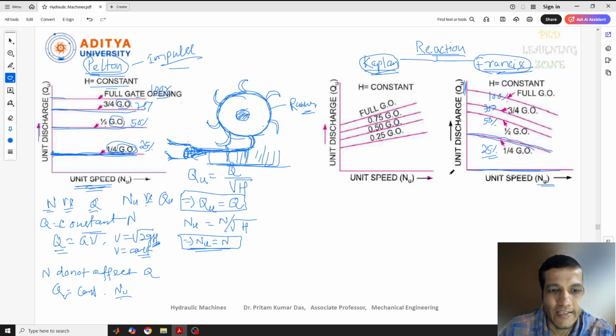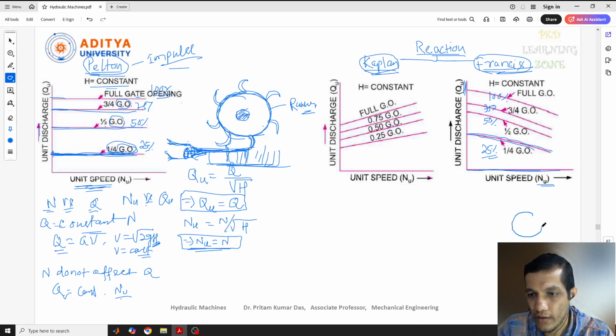So in the Francis turbine, if you see, with the increase of the speed, let me tell you how it is. If you remember, this is our runner part, and this is our entrance of the water from the penstock. The water used to come from the penstock, and it used to travel through this casing.